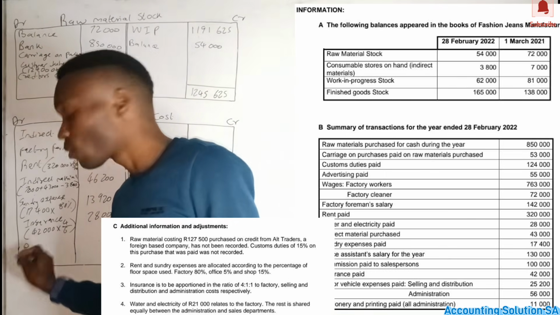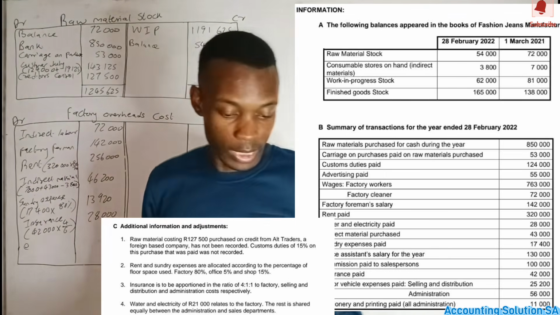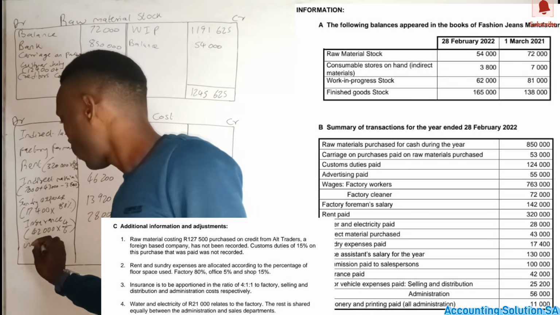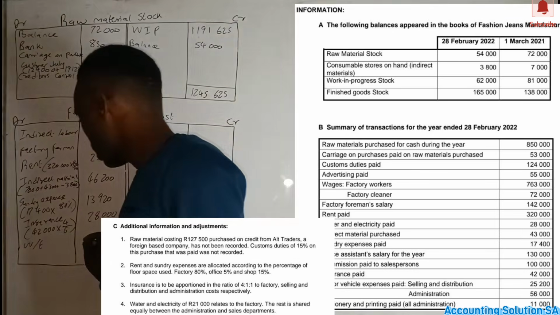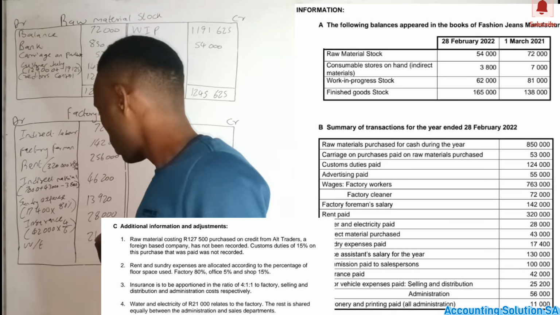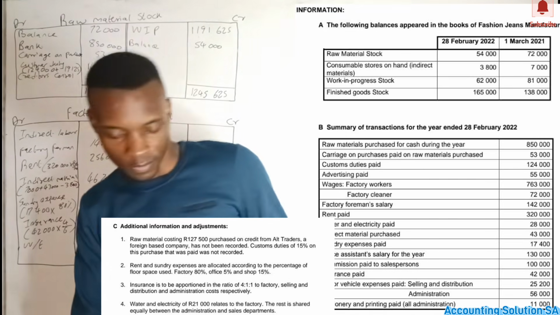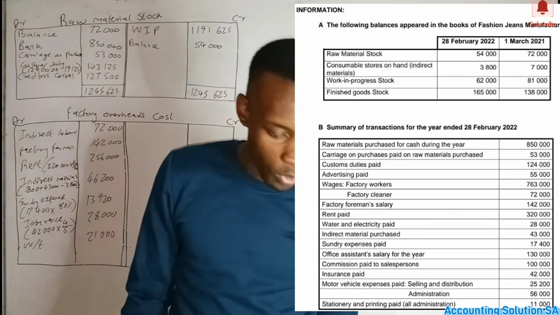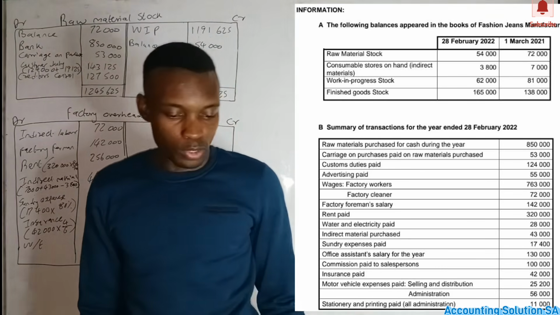This one they already calculated. Water and electricity is going to be 21,000. Very simple.